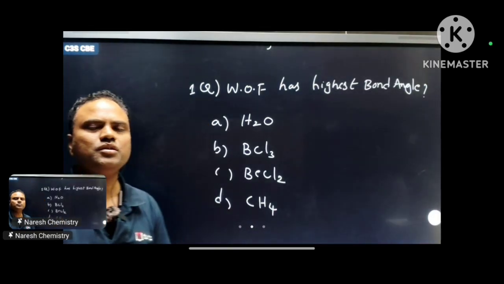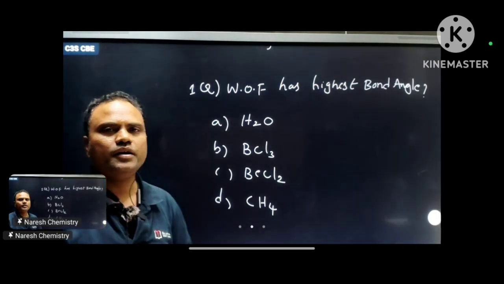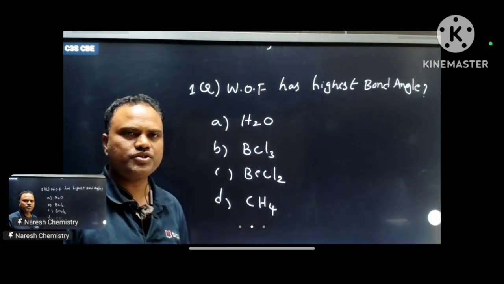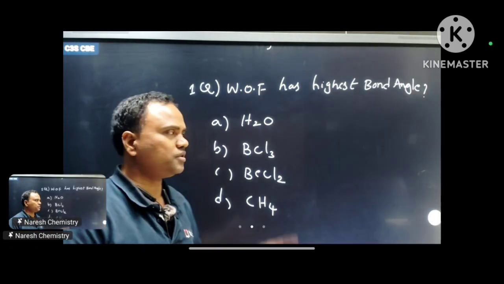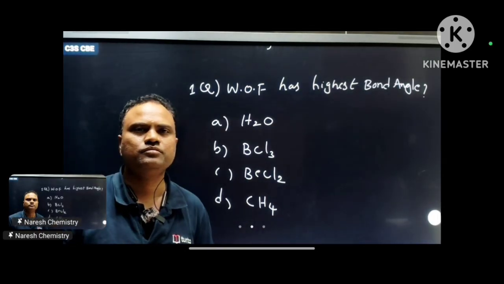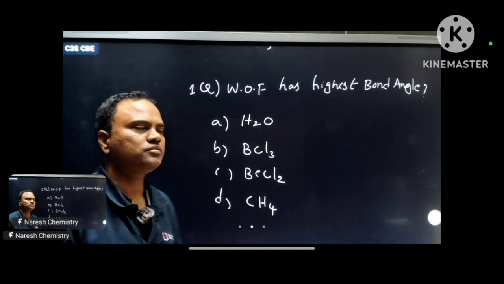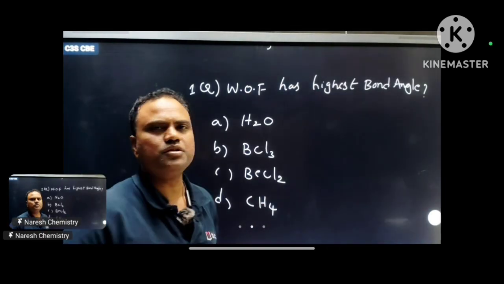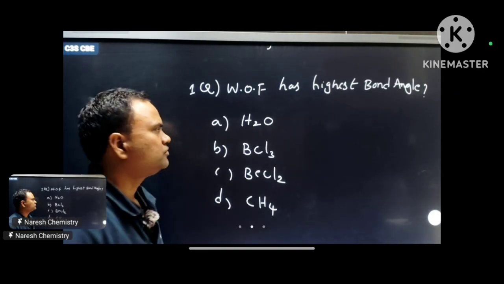This is an important model question for NEET. First of all, write the hybridizations. You know how to find hybridization. What is the hybridization of oxygen in water? Tell me how to find hybridization. Valence dot method. sp3 hybridization.